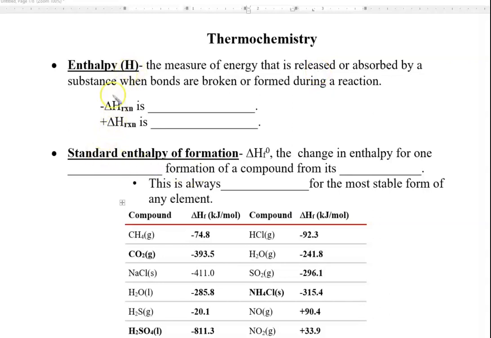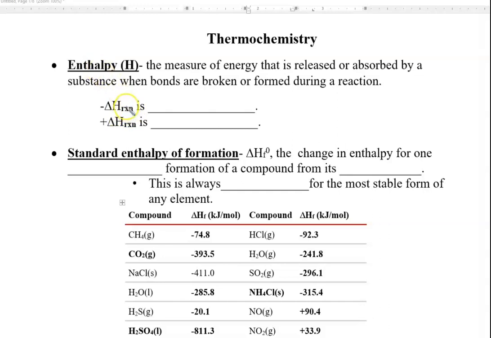So what we're going to see is the delta. Again, delta means change in the enthalpy, which is letter H, and so we're going to see another word that's very similar to this coming up called entropy. Enthalpy is H, think of heat of a reaction, and RXN is just the abbreviation for reaction.